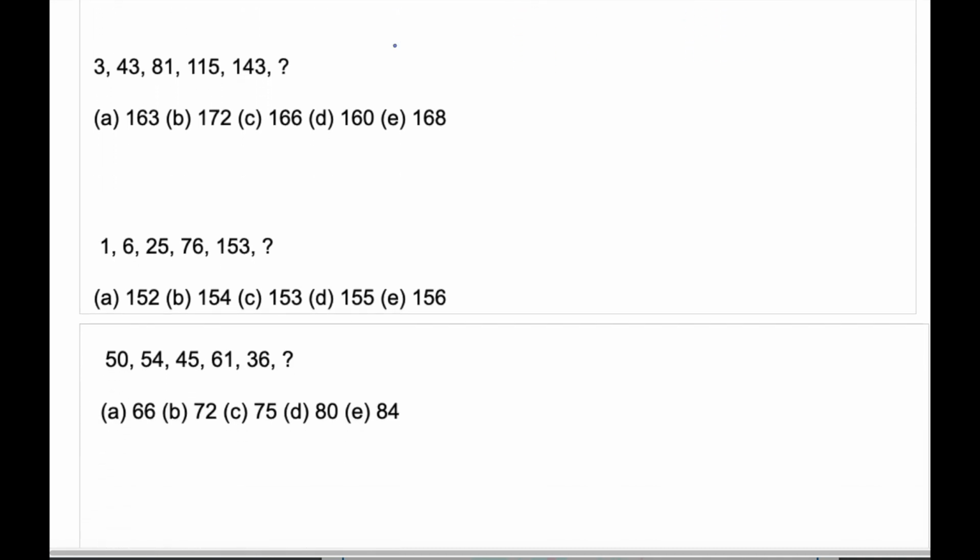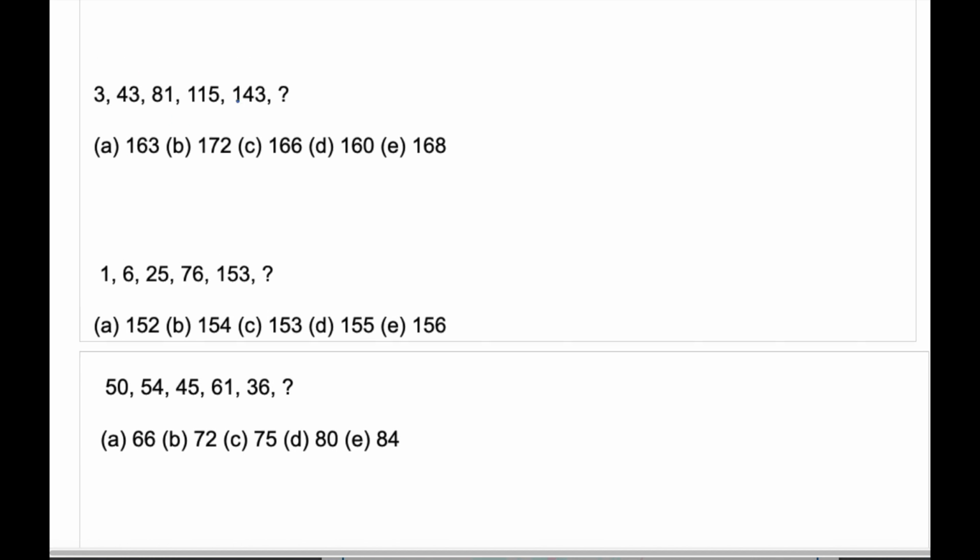Next, 343, 81, 115 and 143. Okay, at first let's find out the difference. So if you look at this one and this one, you will see that if you multiply this with 2, then this one will be less than 115 into 2.